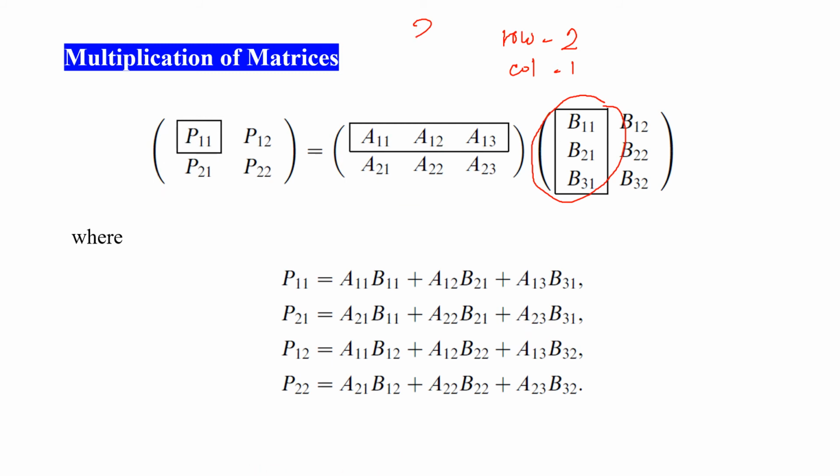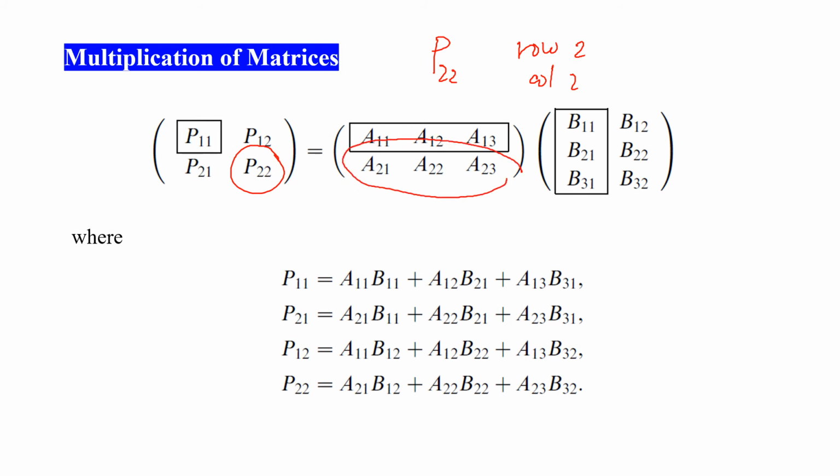Lastly, we can get your P22. For P22, just for your reference again, we take row 2 and column 2.